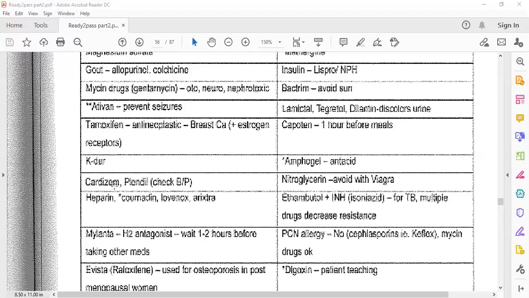The common side effects of Cardizem: they cause light headedness, weakness, nausea, flushing, constipation. If any of these effects persist or worsen, we always have to contact a healthcare provider.